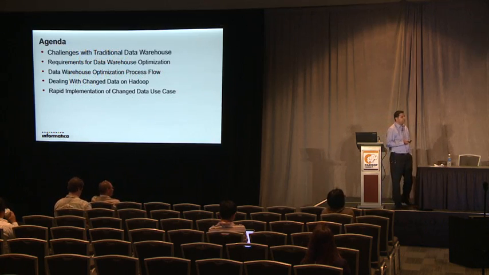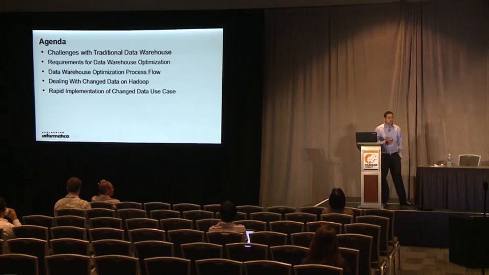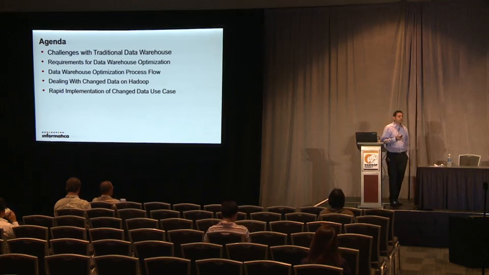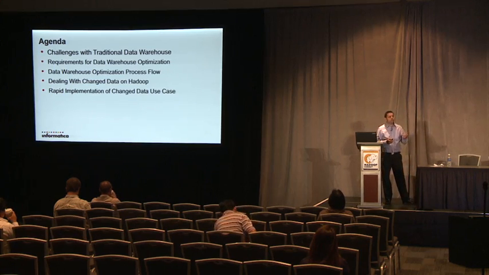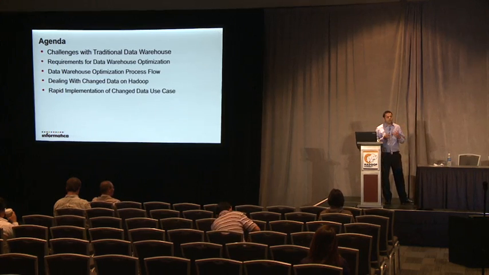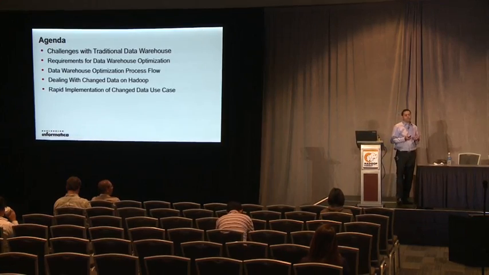So this is the agenda for this session. First of all, we'll quickly go over some of the challenges we are seeing in traditional data warehousing. Then also some of the requirements that are needed for today's data warehouse optimization.